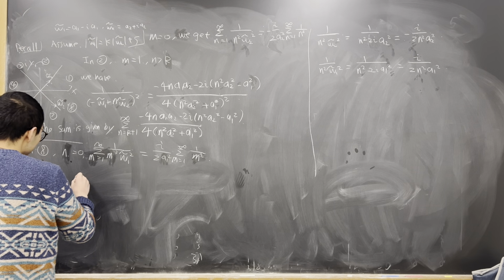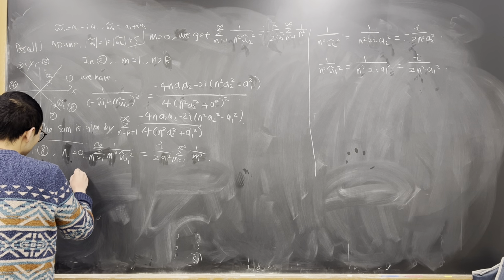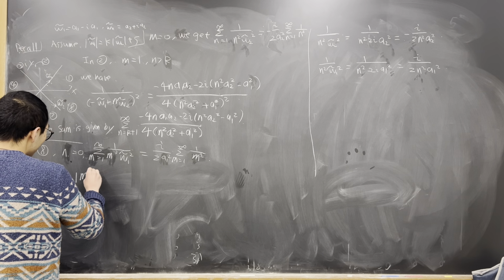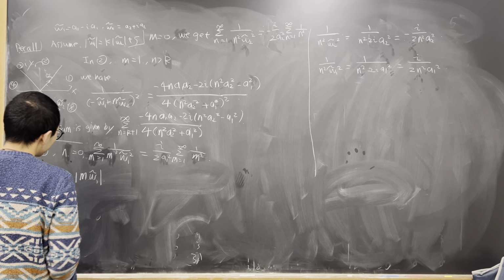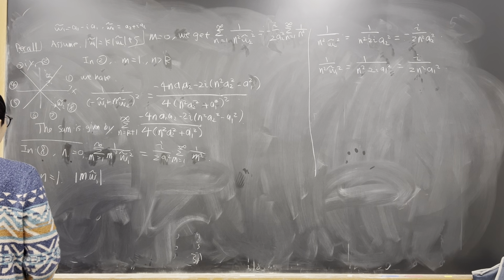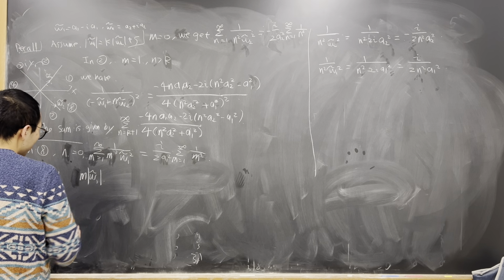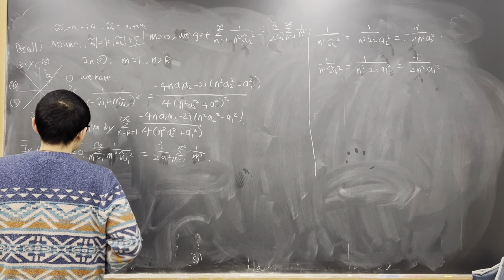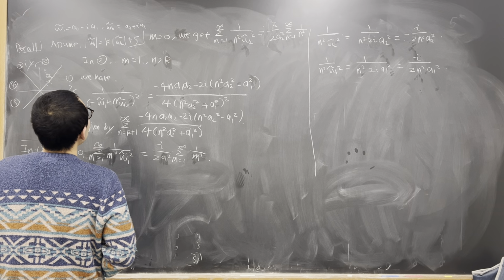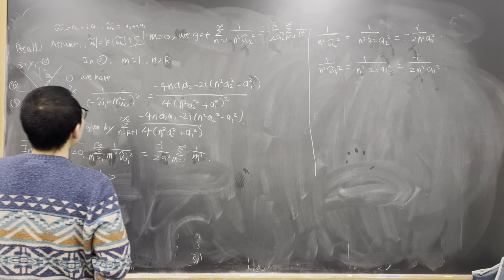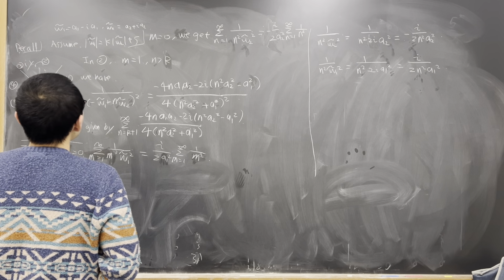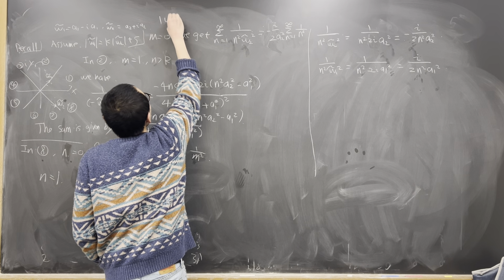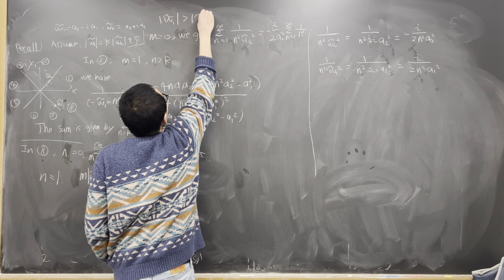Yeah, so we have that the modulus of m omega 1 tilde, so m times that, is strictly bigger than... Yeah, so we are assuming that this modulus of omega 1 is bigger than this modulus of omega 2.